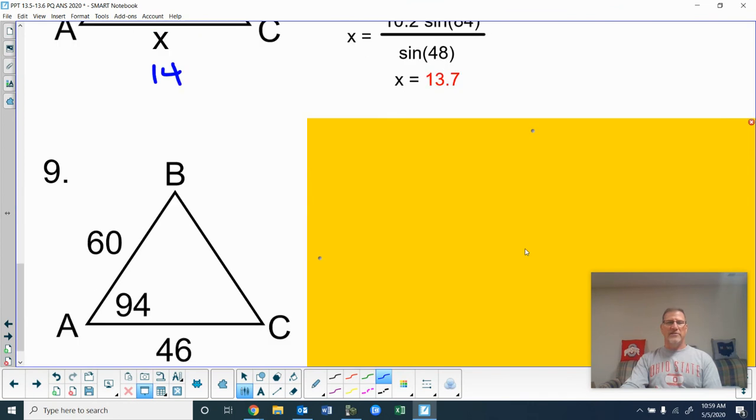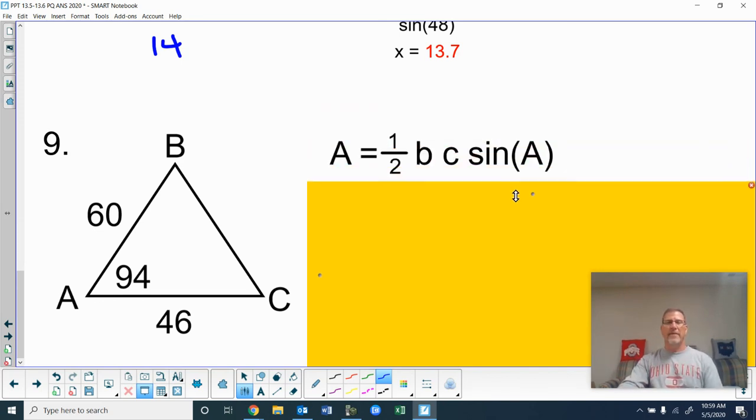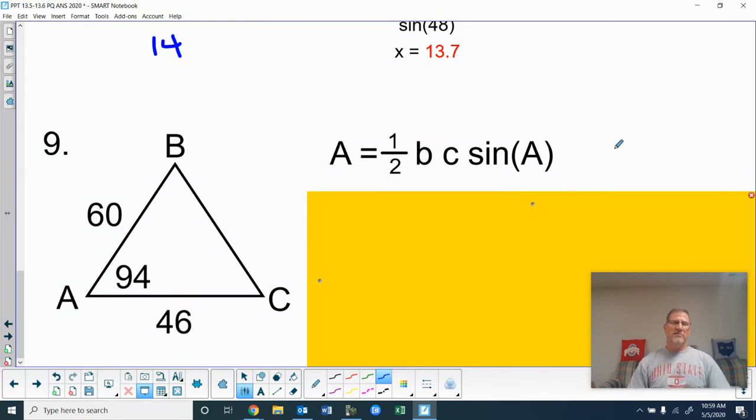Okay, and our last problem of our quiz is this: find the area of this triangle, and we're going to use the area formula using the sine, which is this formula. Area equals 1/2 side b times side c times the sine of angle A. All right, so it's a side angle side situation, but you can just use this formula.